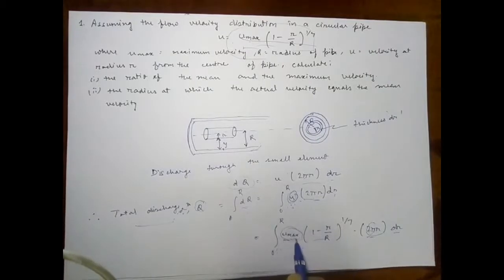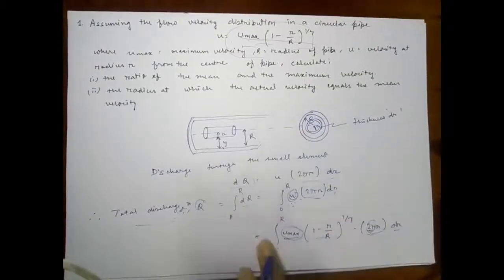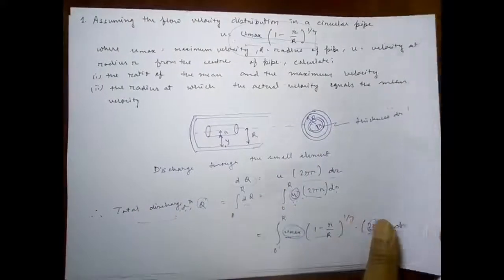After getting this, we can take u max and 2 pi outside the integral, as these are constant terms.